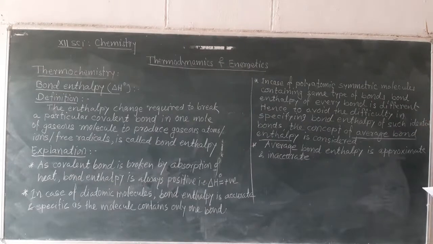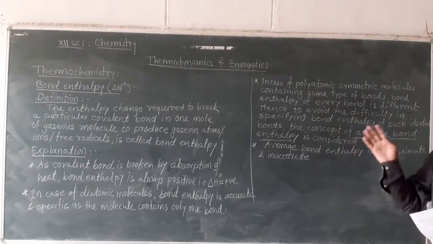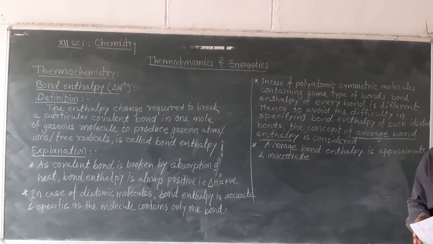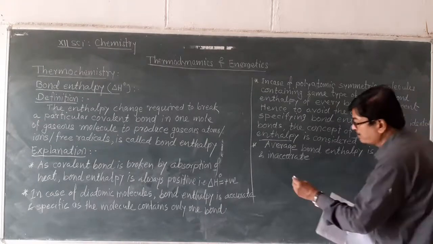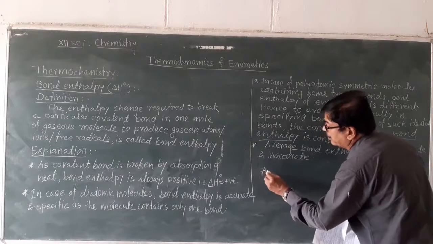Average means addition of bond enthalpies of all the identical bonds divided by number of bonds broken. This formula can also be given.